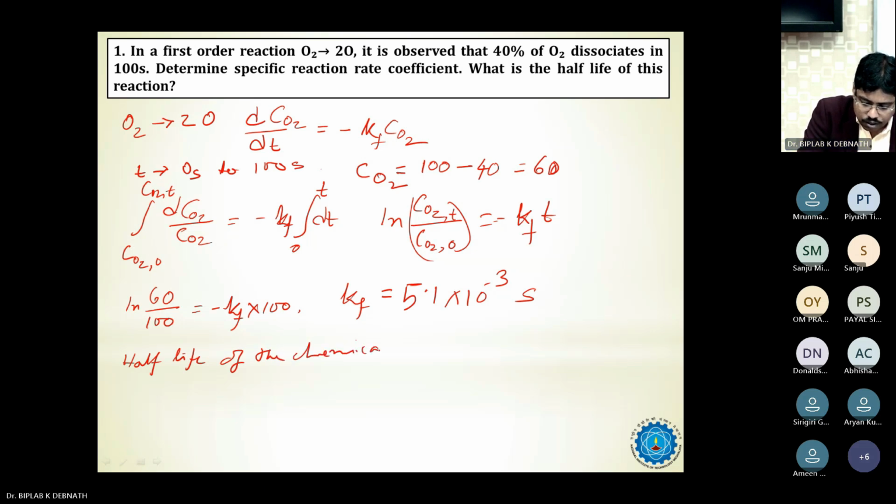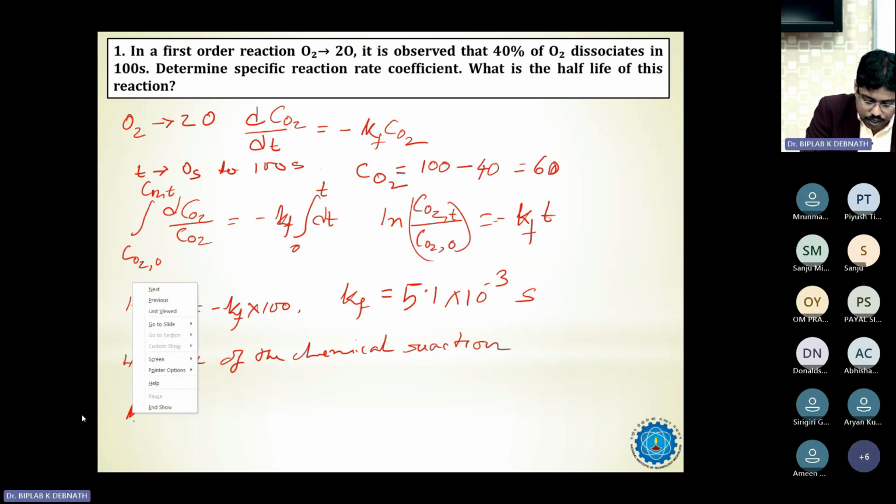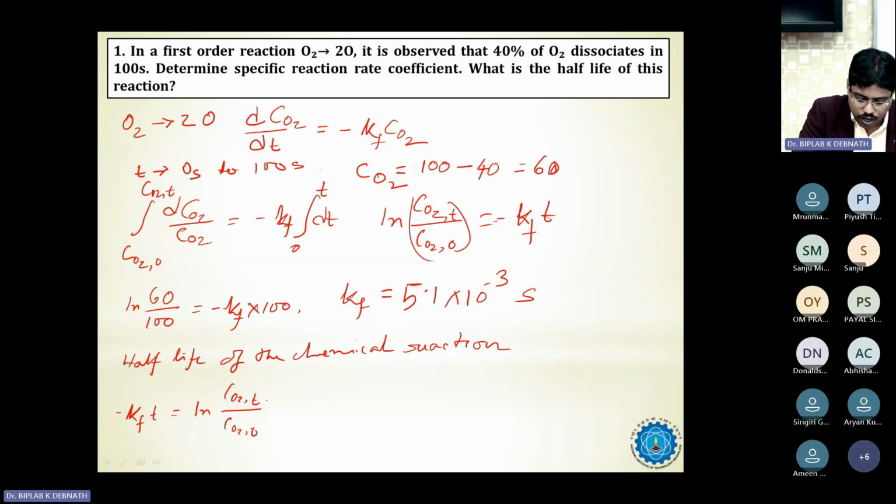So here you see we can directly use this equation: minus kf t should be equal to ln CO2 t divided by CO2 0, right?